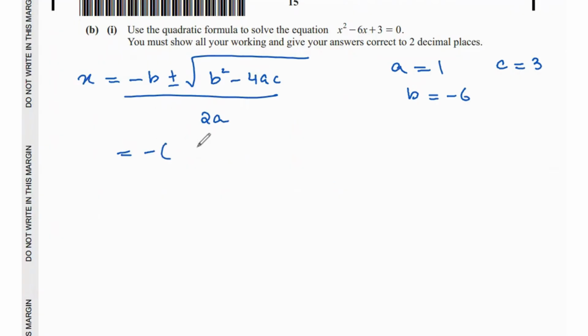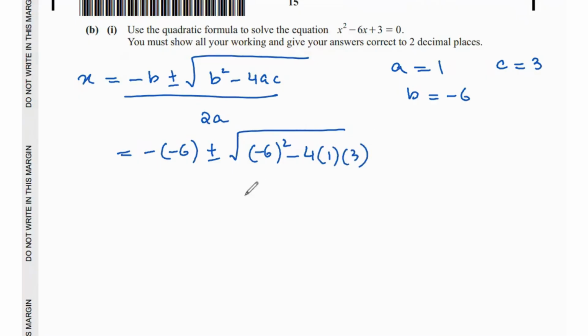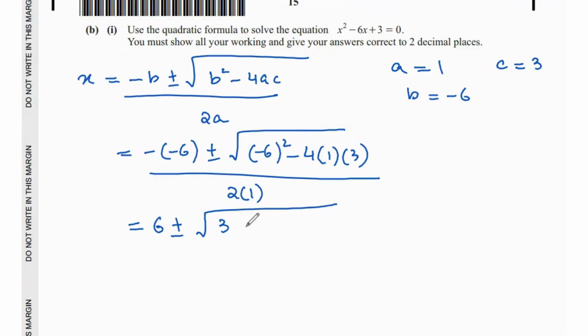So minus -6 plus minus root of -6 squared minus 4 times 1 times 3 divided by 2 times 1. That's 6 plus minus root of 36 minus 12 over 2. 36 minus 12 is going to be 24, and square root of 24 is 4.89.